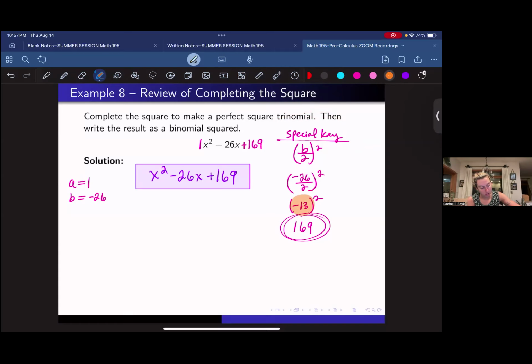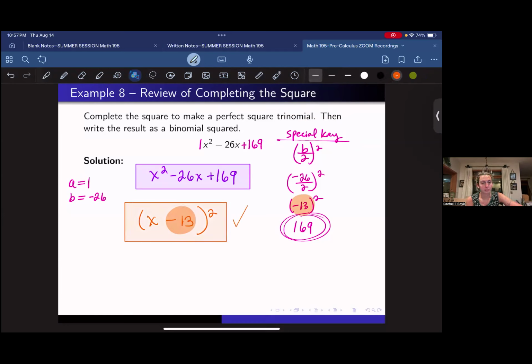So that minus 13 is how we can easily just factor this quadratic. x minus 13. And we're done. Our binomial squared.